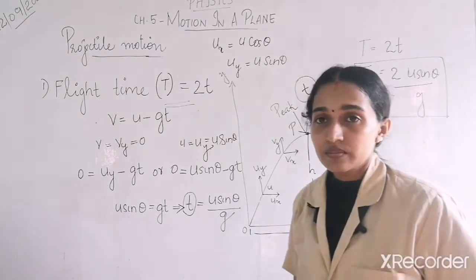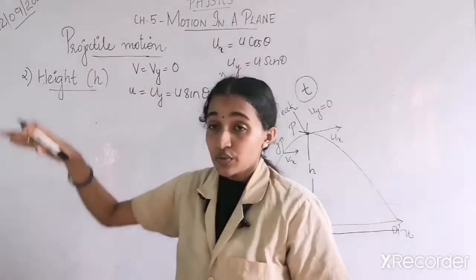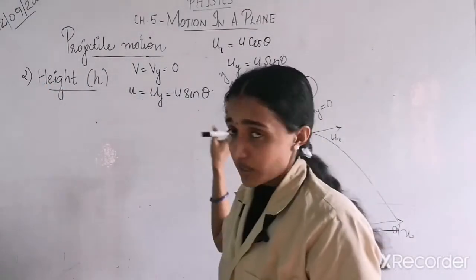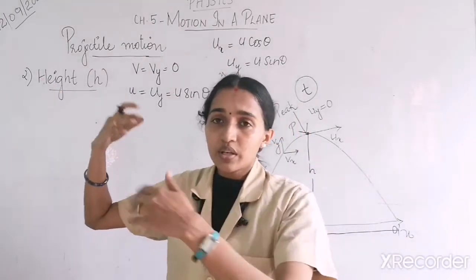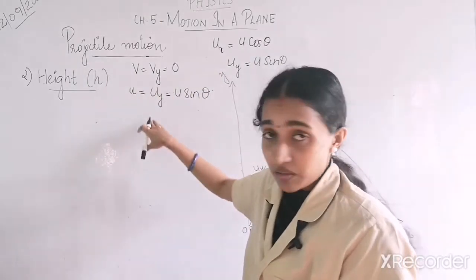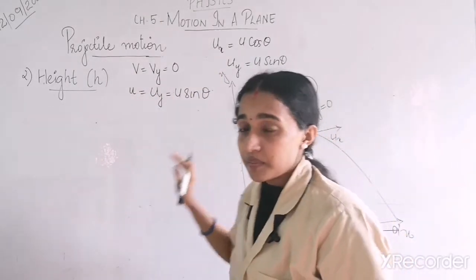Got it? Now let us find the equation for height of a projectile. Same figure, everything same. We are going to derive the next part. For that, the conditions are going to be the same till the peak point.